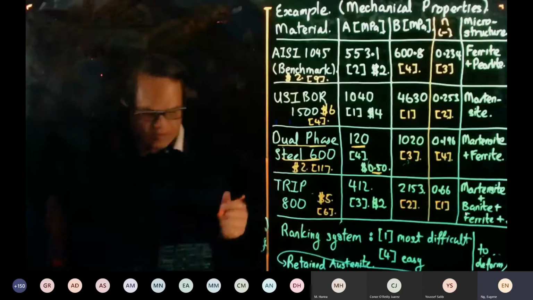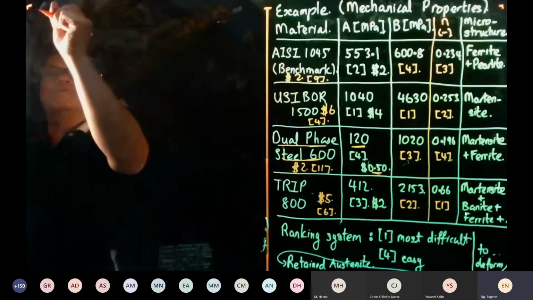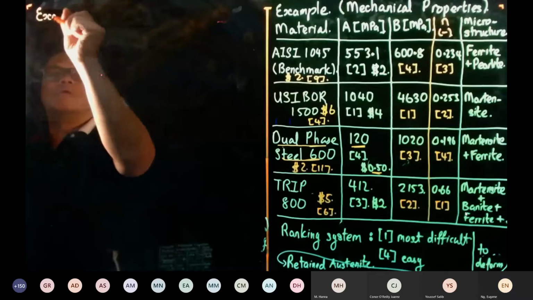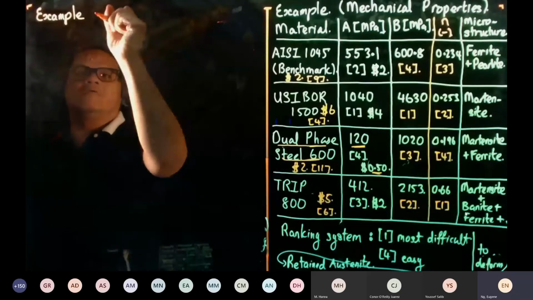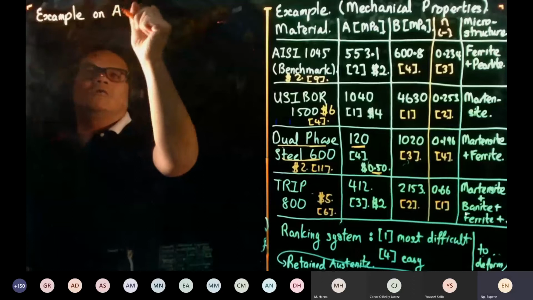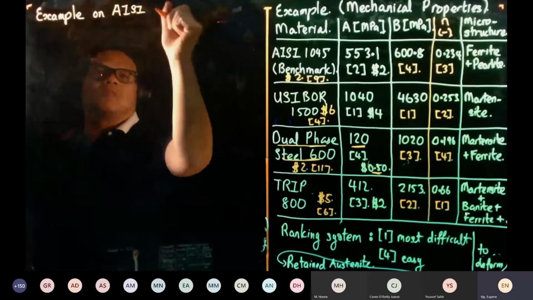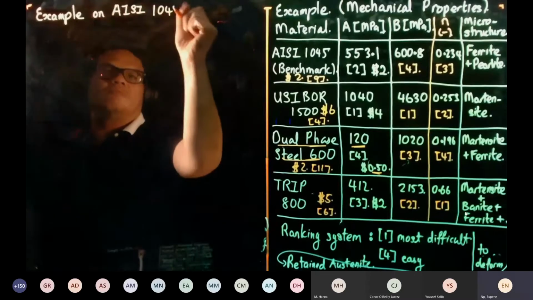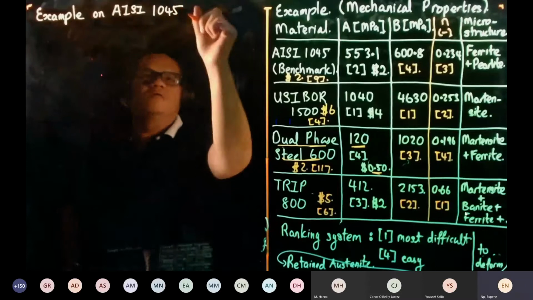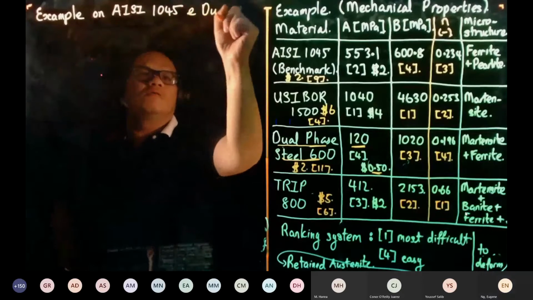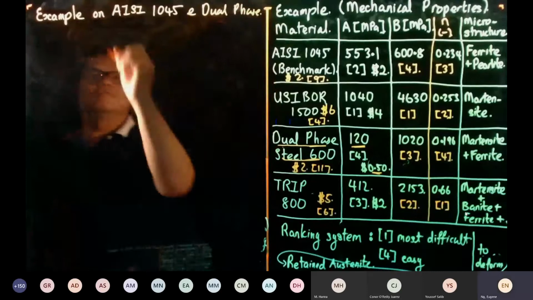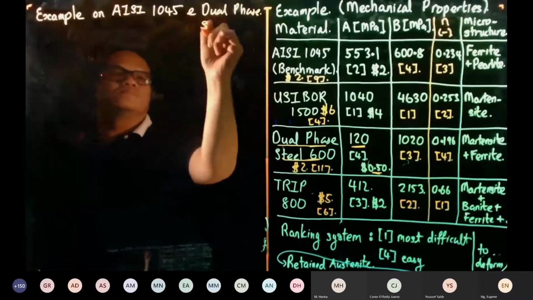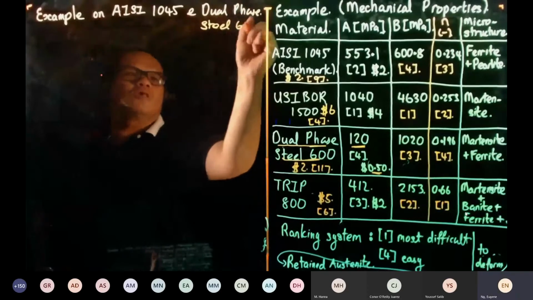Okay, so we are going to look at an example. We are going to look at AISI 1045 and dual phase steel 600.